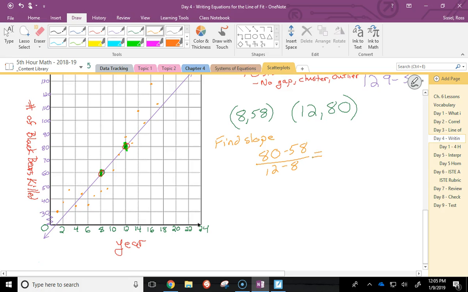80 minus 58 is 22. 12 minus 8 is 4. I can simplify this, divided by 2. For me, I have found out that my slope is 11 over 2.